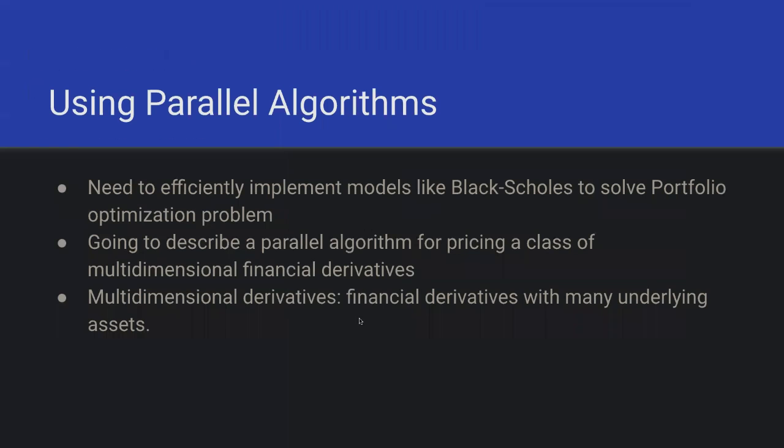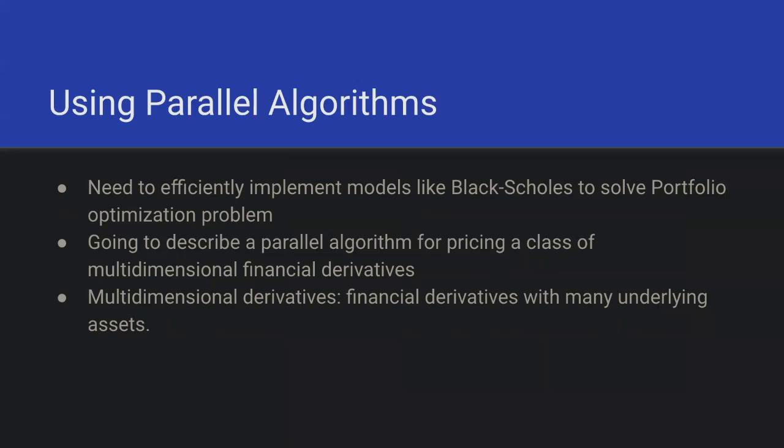So there's lots of models for helping us price derivatives without actually being an obvious way of implementing them. So this paper by Rupa et al., it worked on implementing these models towards solving the portfolio optimization problem.